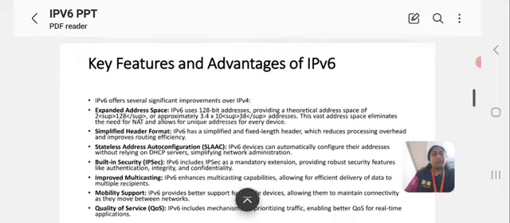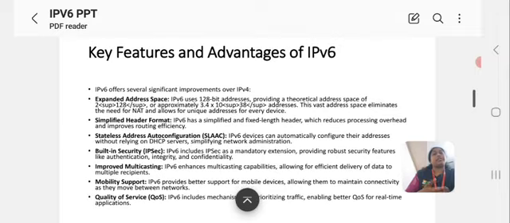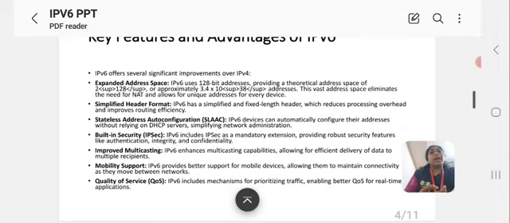The key features and advantages of IP version 6 are the expanded address space, simplified header format, stateless address autoconfiguration, built-in security, improved multicasting, and also mobility support and quality of service.